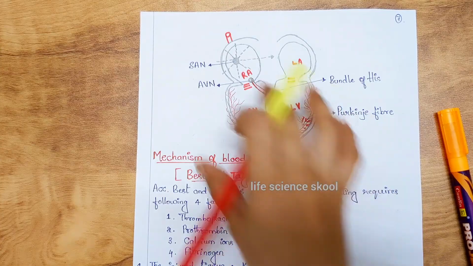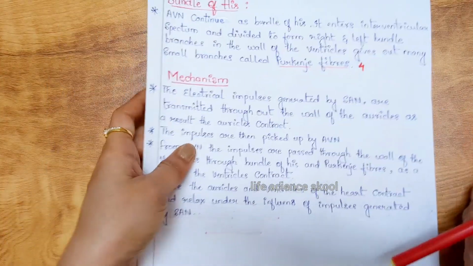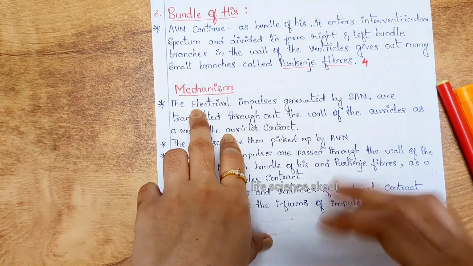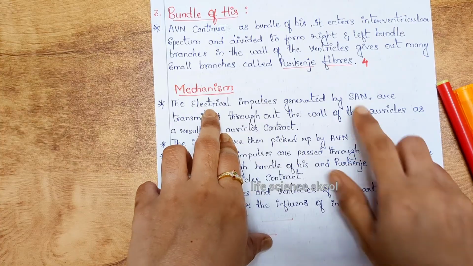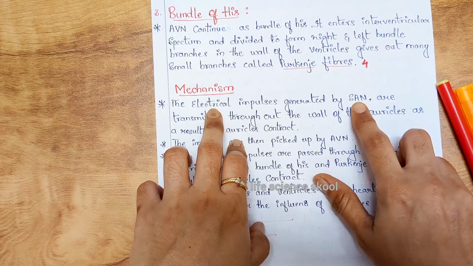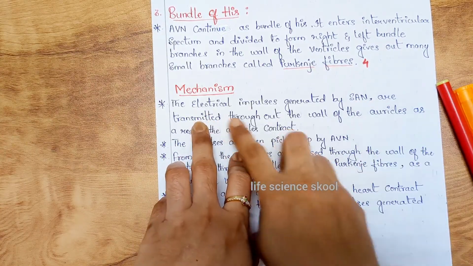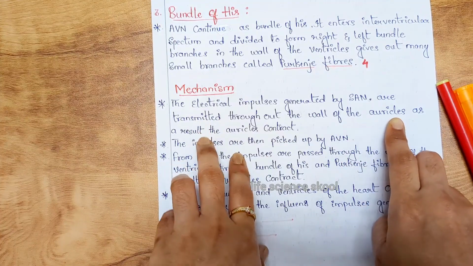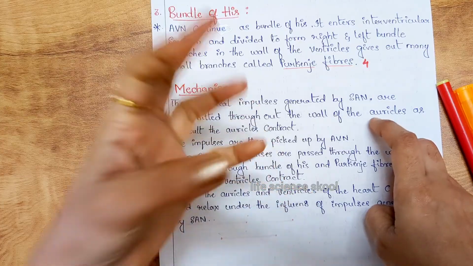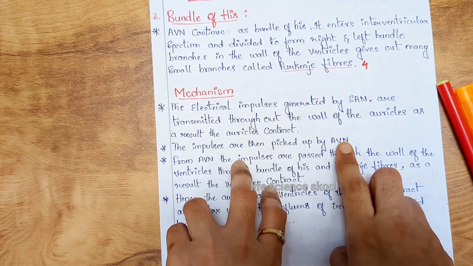Now, with all these parts, let us look at the mechanism of how the conduction takes place. First, the electrical impulse is generated by the SAN, the sinoatrial node, as I told before. Then it is transmitted throughout the wall of the auricles. As a result, the auricles contract, and those impulses are then picked up by the AVN, the atrioventricular node.